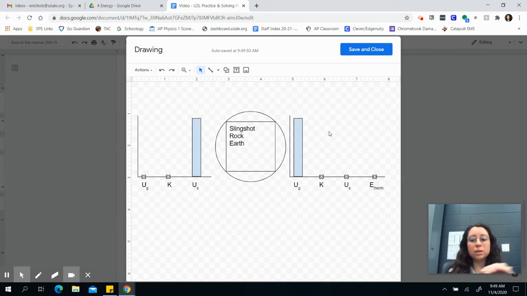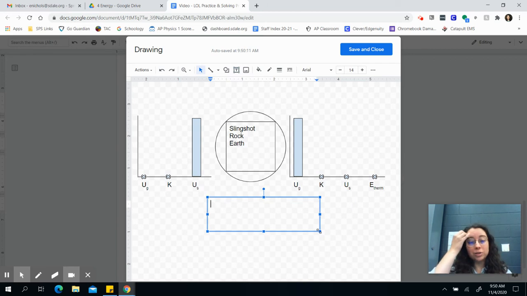Okay, this is when this starts to be really powerful, because based off of this, I can see that my energy forms before is just US and my energy forms afterward is just UG. So I'm going to write underneath that all of my energy before equals my energy after.